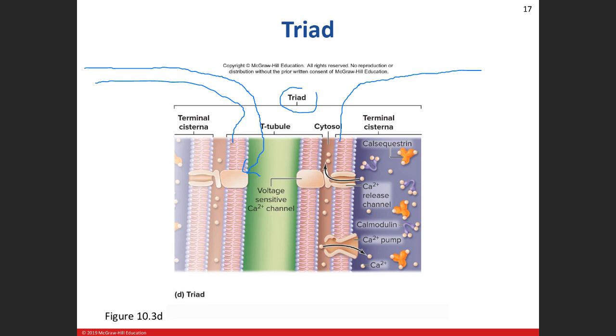That will cause a shape change to that channel, and it will literally open up our calcium release channel that's located on the terminal cisterna. And then the calcium that's in the terminal cisterna and the sarcoplasmic reticulum will leave and go into the sarcoplasm. And that's where our contractile proteins are.